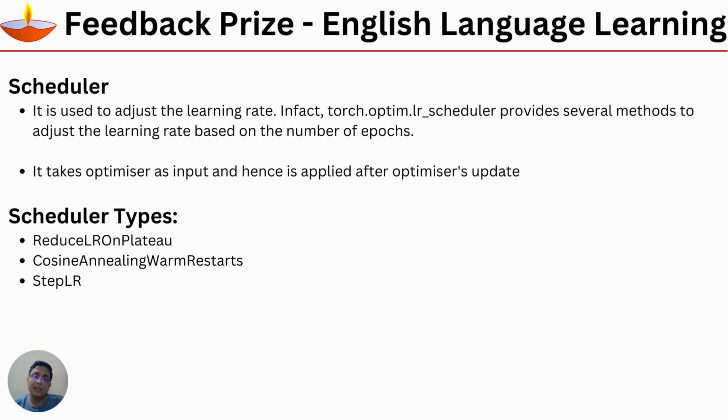As such, it follows a triangular kind of pattern, right? And it's believed to be very effective when it comes to generalizing a deep learning model. In the case of StepLR, essentially the learning rate is adjusted after every epoch.